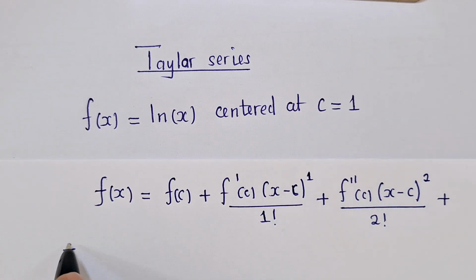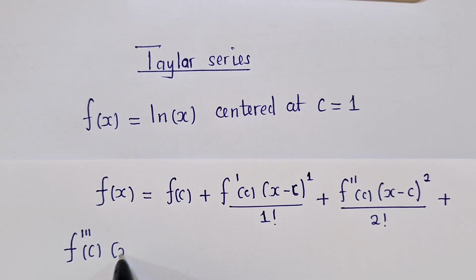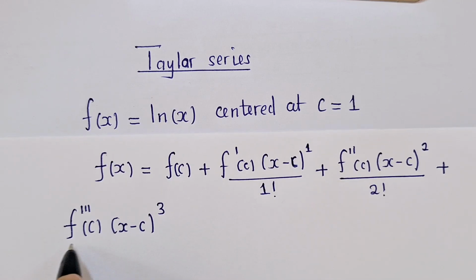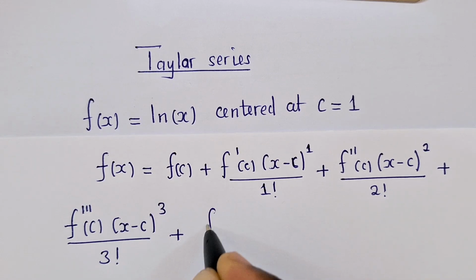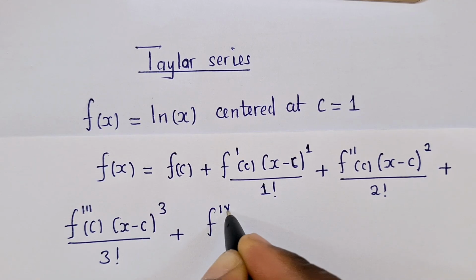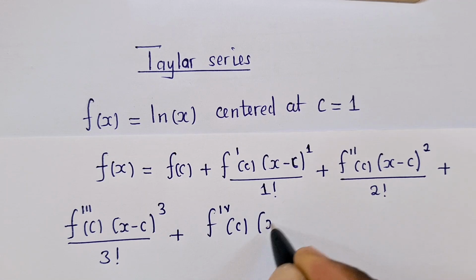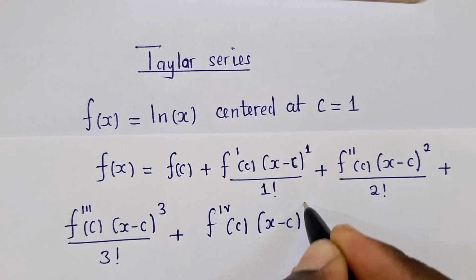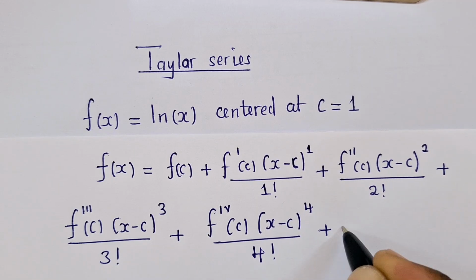Then f'''(c) times (x minus c) to the power 3 over 3 factorial, plus f''''(c), the fourth derivative, times (x minus c) to the power 4 over 4 factorial, plus that.